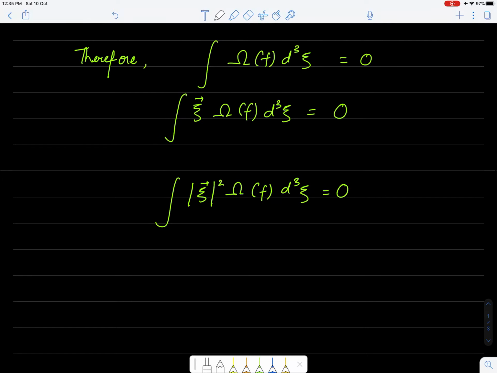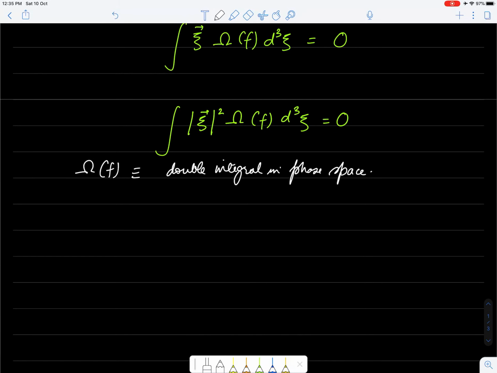So omega will actually be a double integral in phase space, which is extremely difficult to work with analytically or even numerically, but a simpler variant was proposed in the 1950s by three authors who then bear the name of this collision operator.